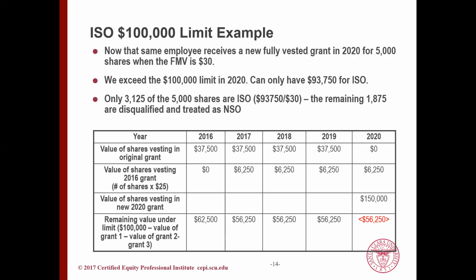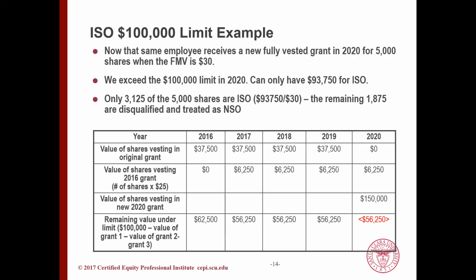So fair market value gives us only 3,125 shares of the new 5,000 share grant that can be considered as ISO in that year.